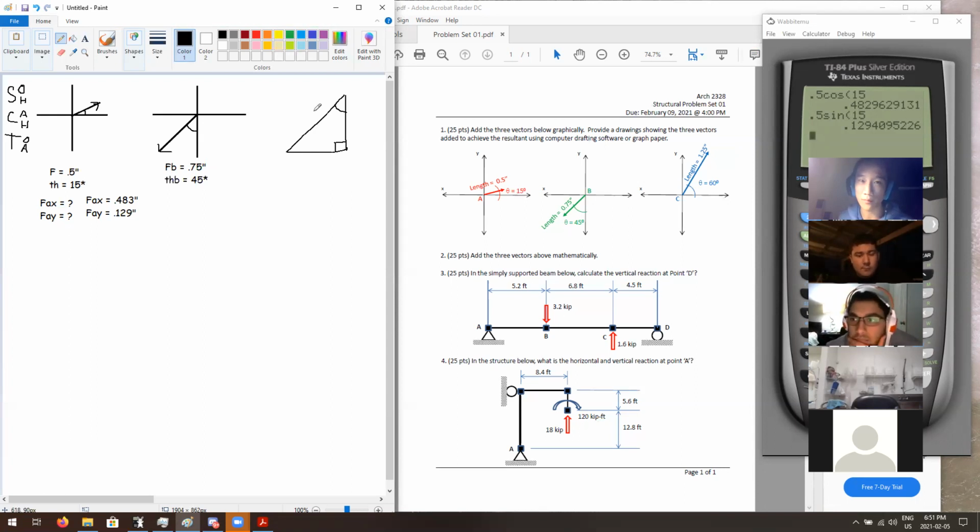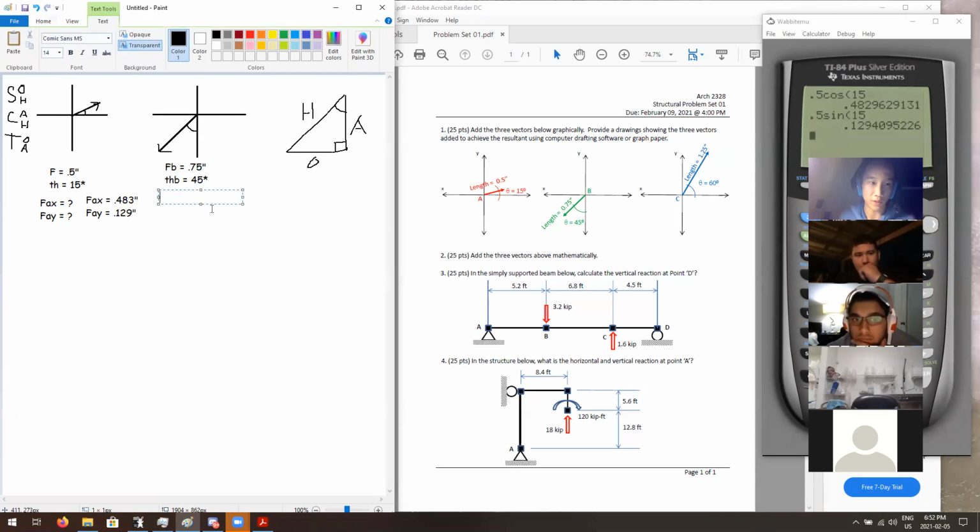We'll label the hypotenuse, opposite, and adjacent. Opposite is opposite the corner, and adjacent is right next to the corner.